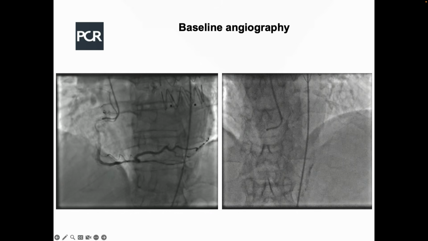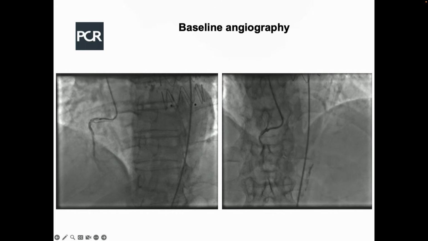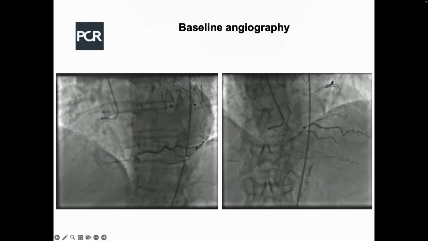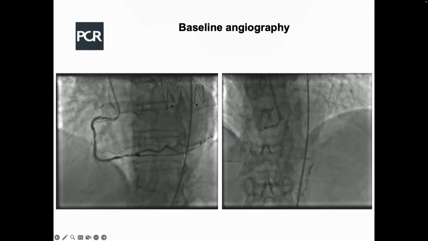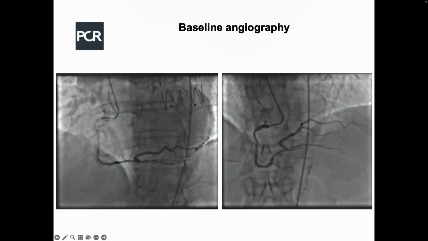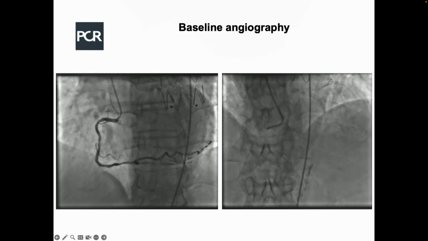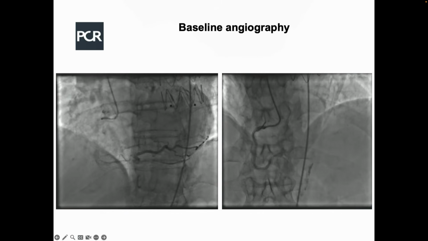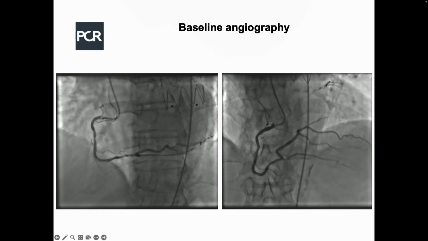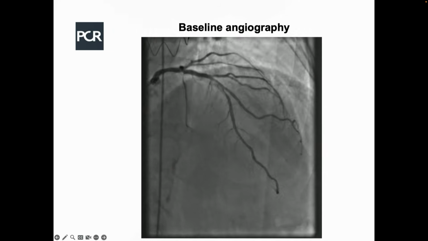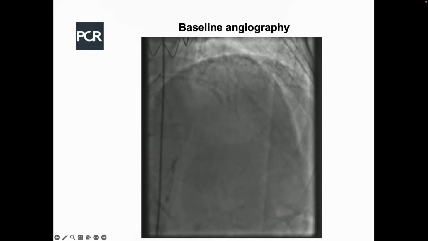And you can appreciate that he has a huge right coronary artery, which is dominant, with a slight mid stenosis on the distal part of the RCA. But when we go on the left coronary network, you will appreciate a very tight stenosis on the mid LAD.